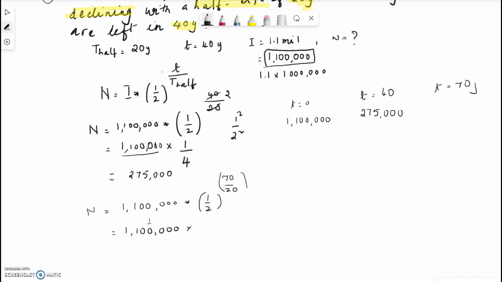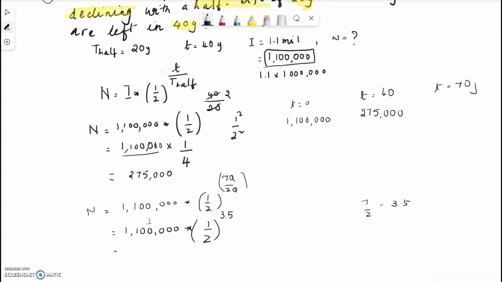You can do this all in your calculator. You don't have to do any intermediate steps. 70 over 20 is like a 3.5. 7 over 2 is 3.5, but you don't really have to do that, just use your calculator. Let me just calculate this.